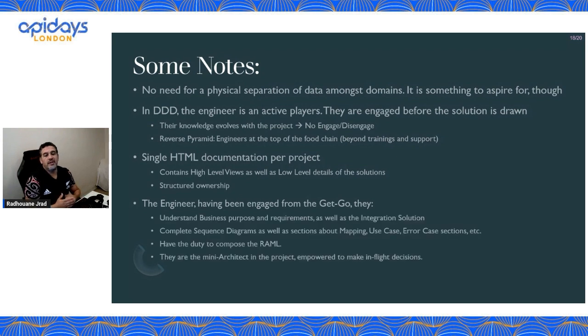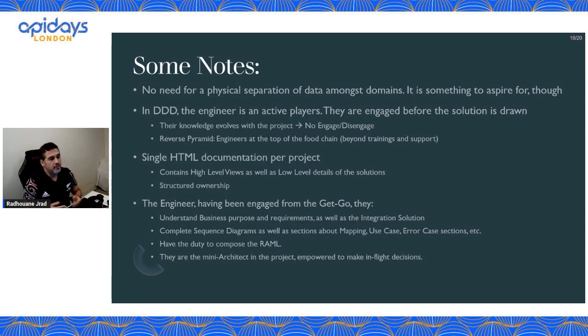So what that does effectively is empower the engineers. They are the ones who develop the RAML. We review them. They peer review them, and we review them in specific situations. So they are autonomous, they're quite agile, they're quite strong.